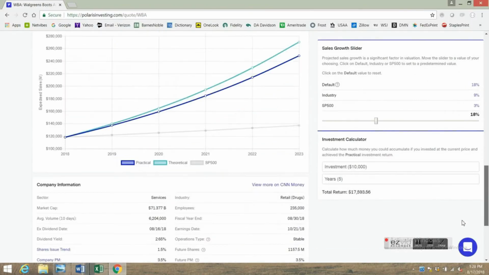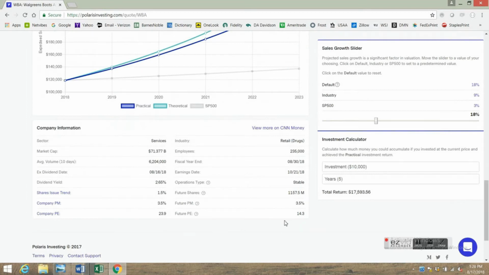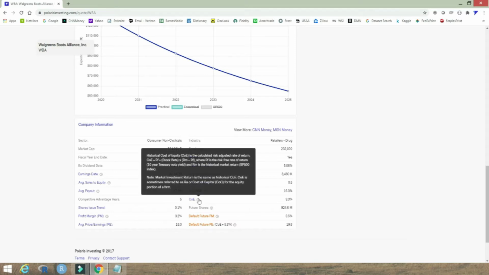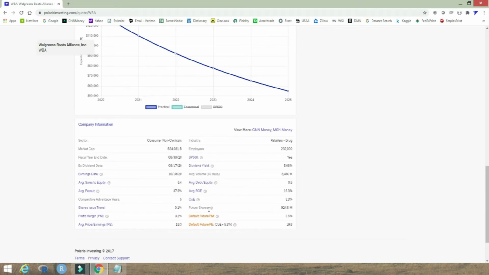Other values that go into the formula are shown down here at the bottom, which I've covered in other videos. Since this video was originally recorded, the company information section includes more information, particularly the competitive advantage period, also known as Y, always set to 5 in Polaris, the cost of equity, and future shares.